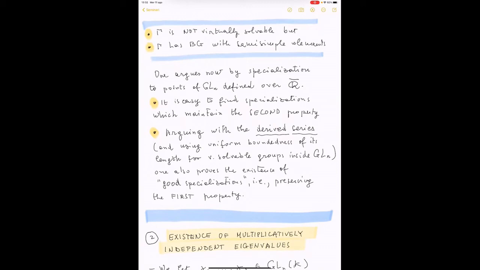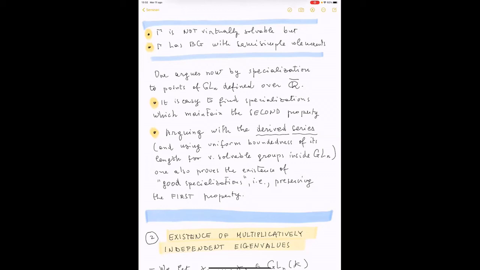That is very easy. The first one is a bit more delicate, because we have to show that the whole group remains not virtually solvable. So there could be a degeneracy on specializing. However, one can argue with the derived series and use uniform boundedness of its length, which may be proved for virtually solvable groups inside GL_N.